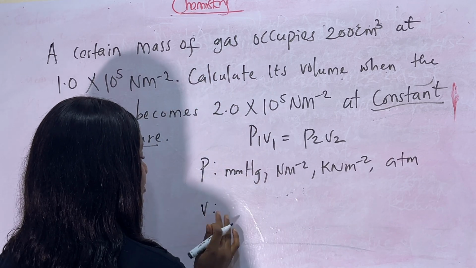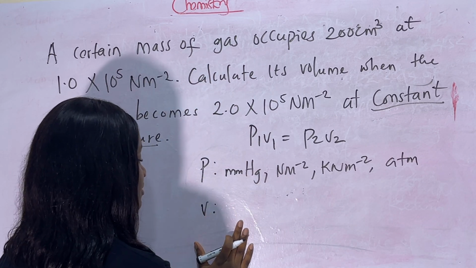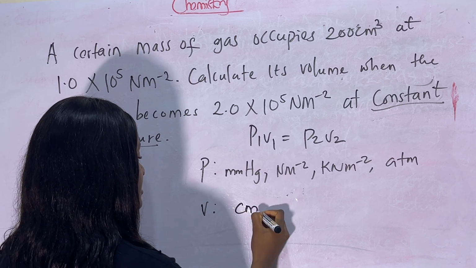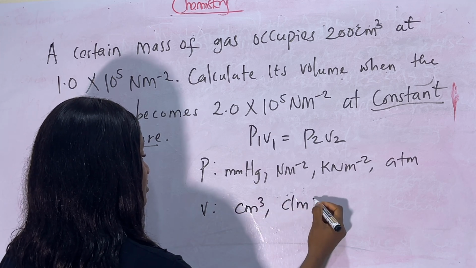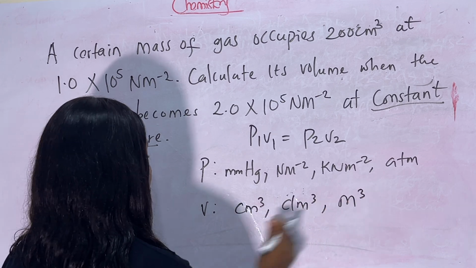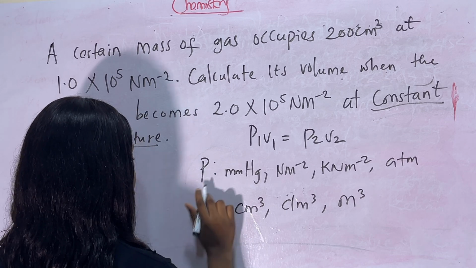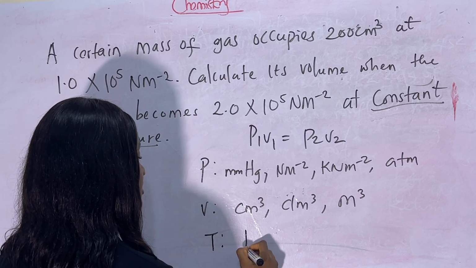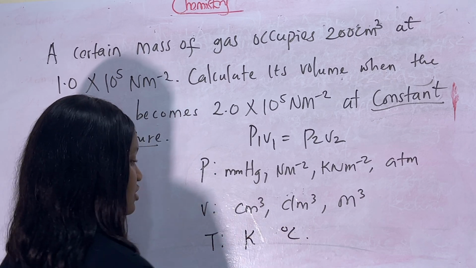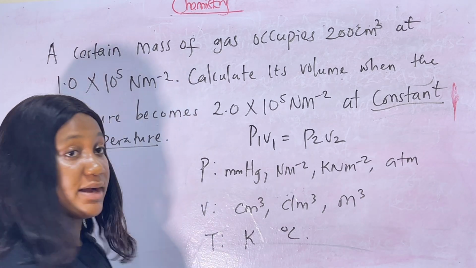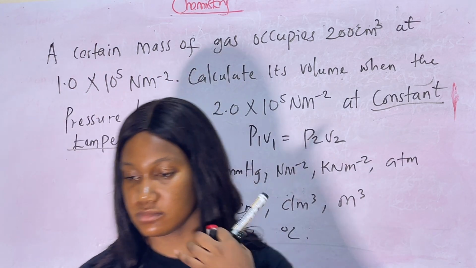While volume, the units associated with volume include cm³, dm³, and m³. The units associated with temperature include Kelvin and degrees Celsius. All right, so do you get that?